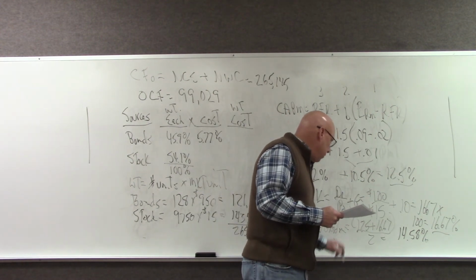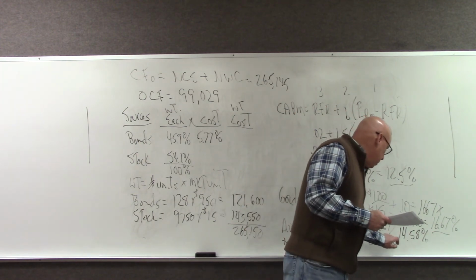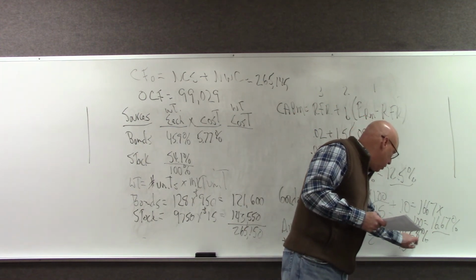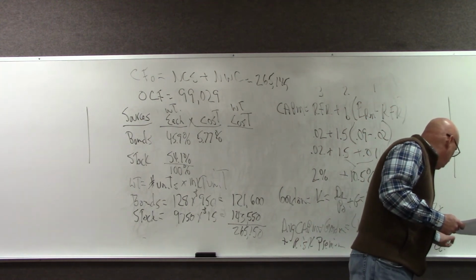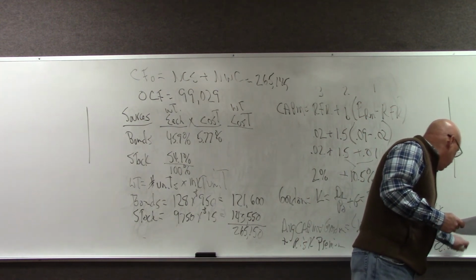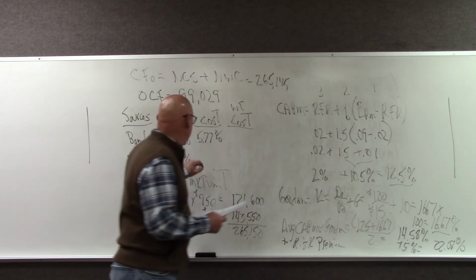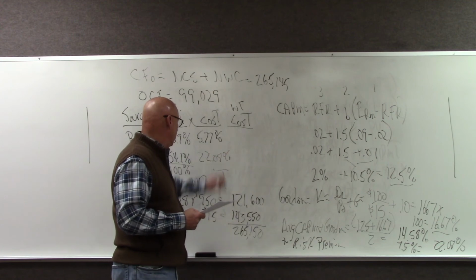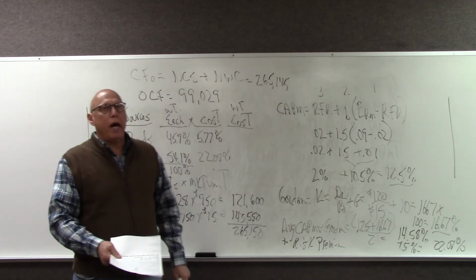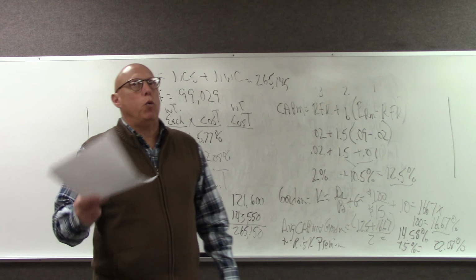It's a small private business, so we're going to add 7.5% to this, and we get our cost of equity of 22.08%. That is the cost of equity, and we're going to put it right here, 22.08%.